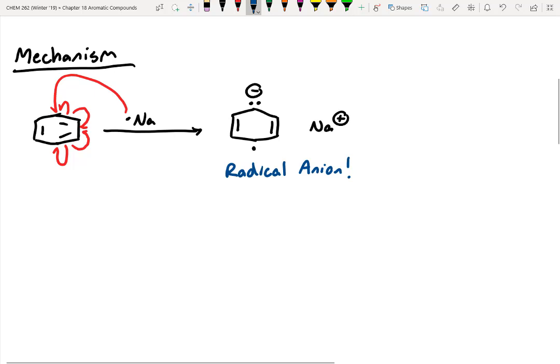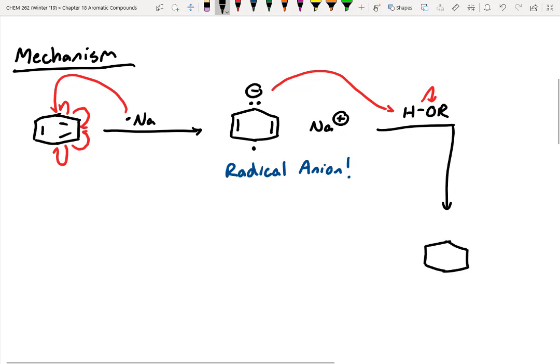All right, and then in the next step, this is incredibly unstable due to the negative charge. However, you've got a proton source around. So this negative charge can really quickly do acid-base chemistry. We know acid-base chemistry is incredibly fast. And you can protonate that top position.